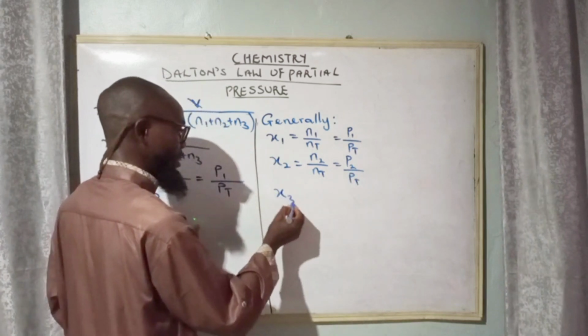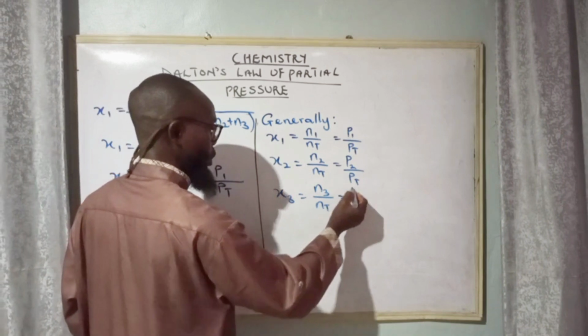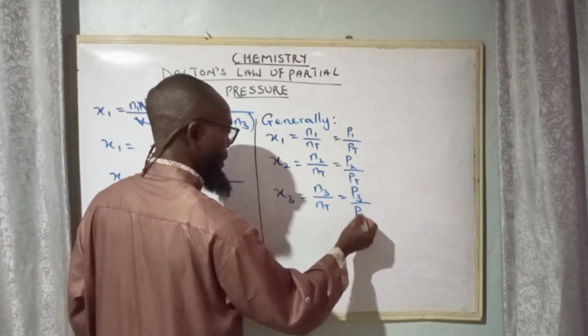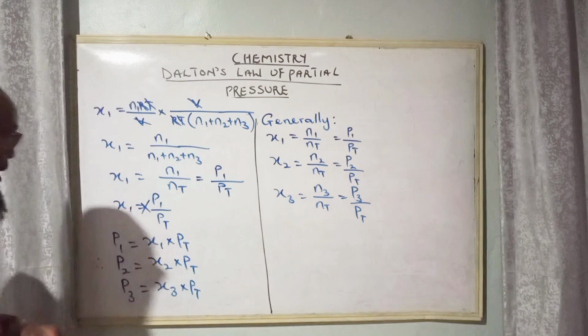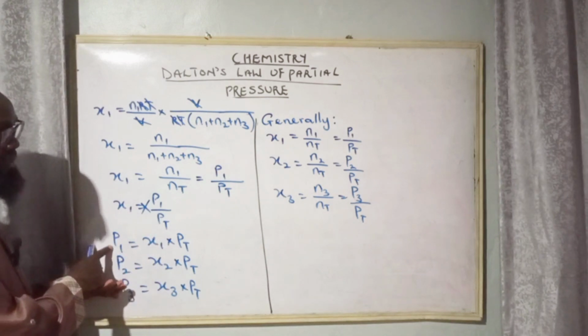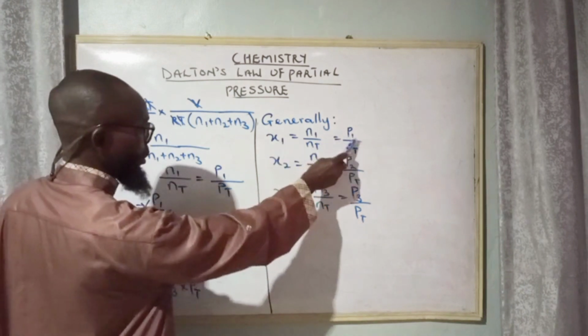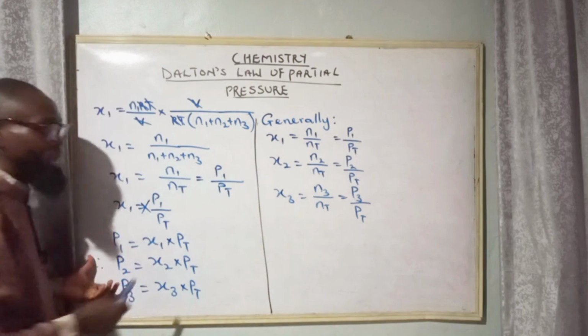Then S3 will equal N3 over N total, which also equals P3 over P total. So from there, we now relate this: P1 will equal X1 times P total.